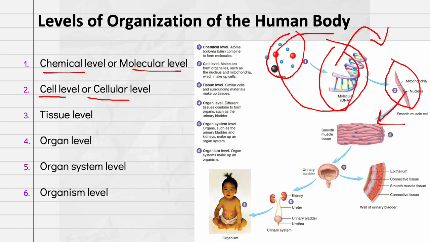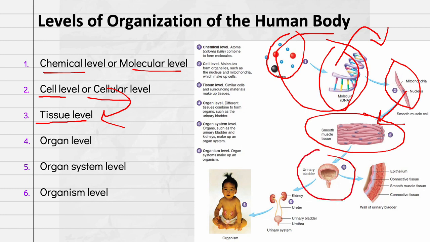And when these cells join together to form a tissue, to perform a specific function, then it becomes the tissue level. And when these different tissues work together and make a structure, then it becomes the organ level, such as the stomach, the tongue, the small intestine, large intestine, lungs, trachea, different tissues joining together to make an organ, and this organ performs a specific function.